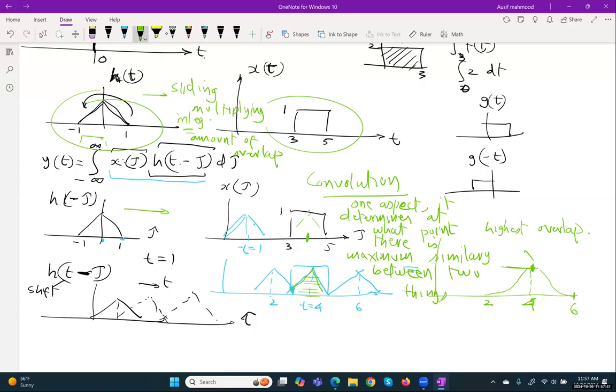Because the value of the convolution is the highest at that point, because the overlap is the maximum and the integral is simply computing the overlap, right?